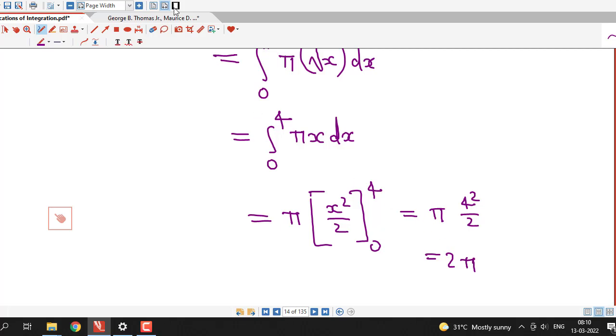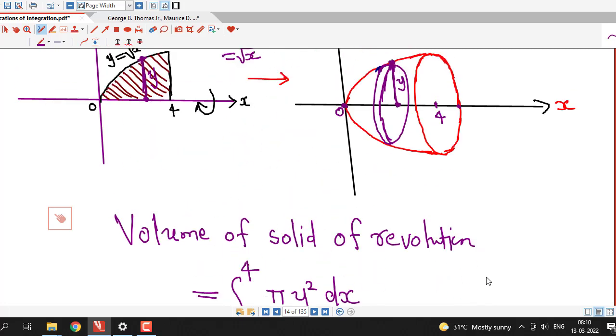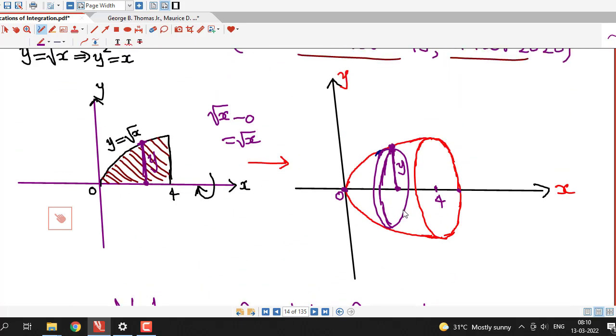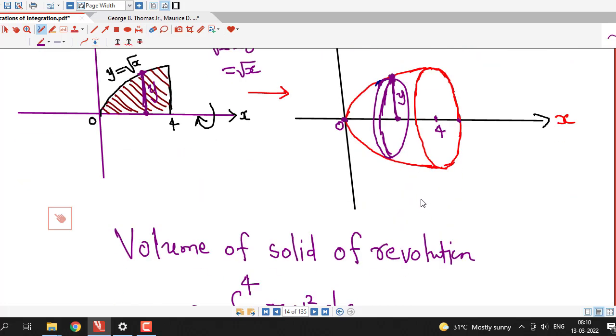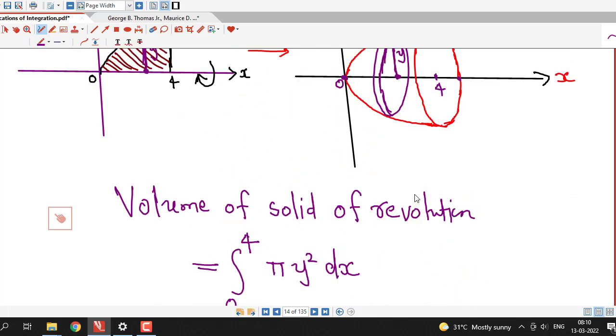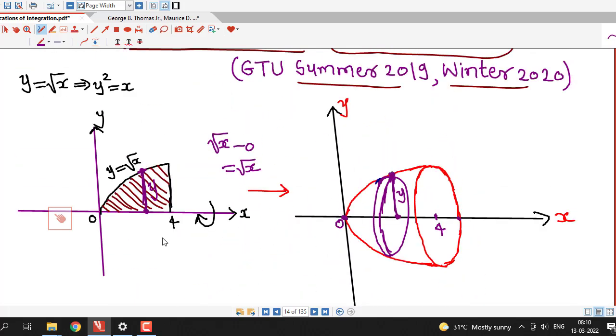So 4 square divided by 2, that is 16 by 2, and it is nothing but 8 pi. So the volume of the solid of revolution which we have generated by rotating this plane region around the x-axis is 8 pi. In this way, using the disc method, we can obtain the volume of the solid generated by revolving a curve about the axis of rotation. Here the axis of rotation is the x-axis.